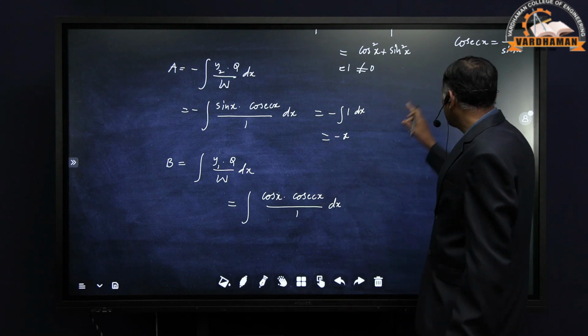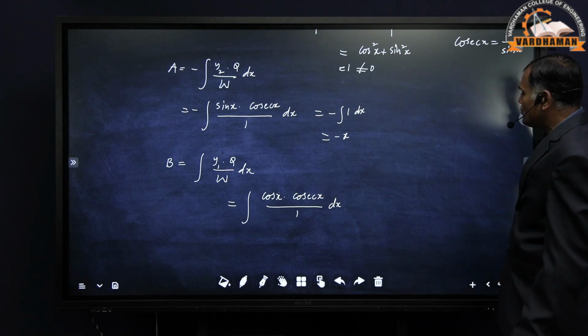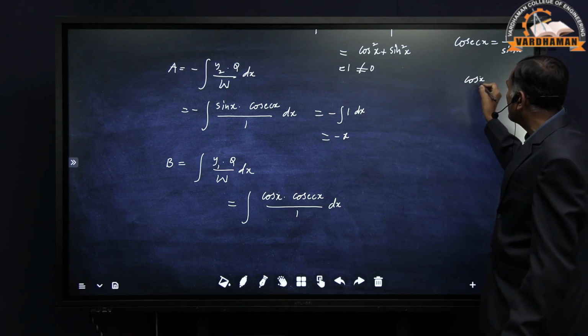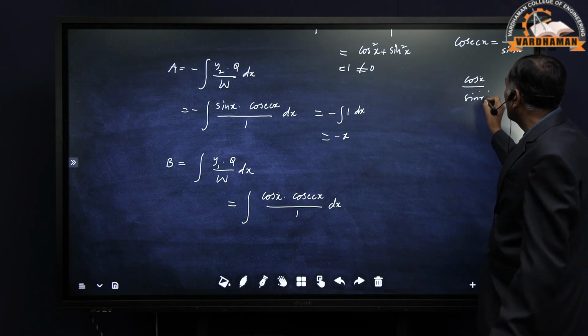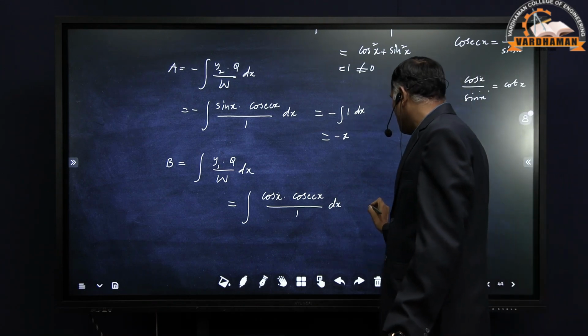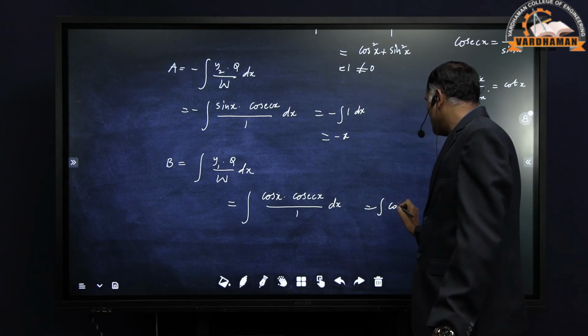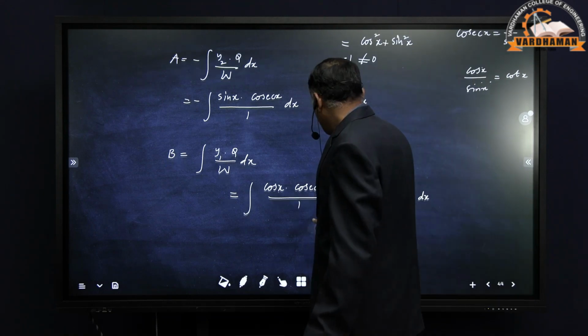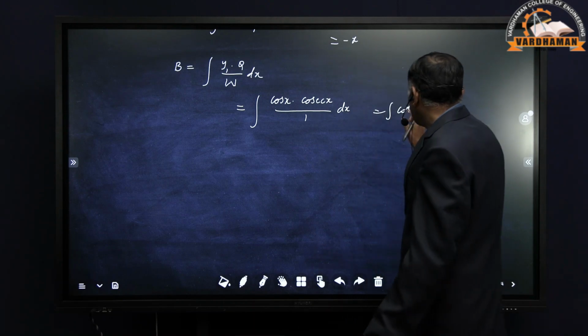As we discussed, cosecant x is nothing but 1 by sin x, so cos by sin is nothing but cot x. So we get here integral cot x dx.